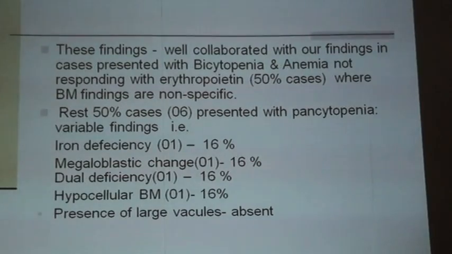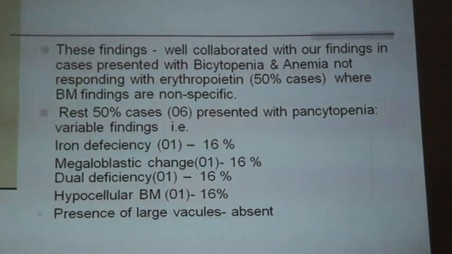Another important finding usually noted in alcoholic liver disease patients is the presence of large vacuoles, resulting from damage of the cells in early stages like proerythroblasts, and the granulocytic series can also show this presence of large vacuoles caused by ethanol. That is absent in these cases.